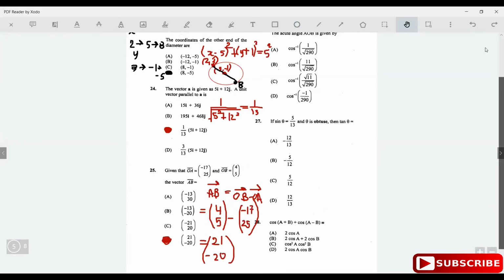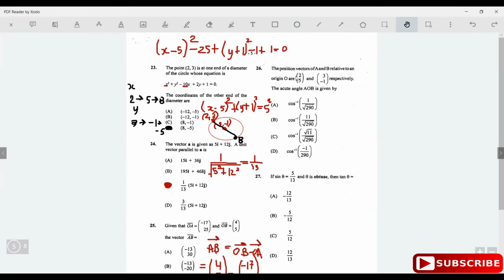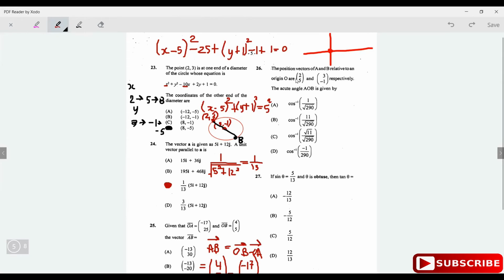Nice. Now, right here they said the position vectors of A and B relative to the origin, where A is 2, 5 and B is 3, minus 1, find the acute angle. So I always like to give a little picture up here. We have the origin right here. And so what you have is vector 2, 5.